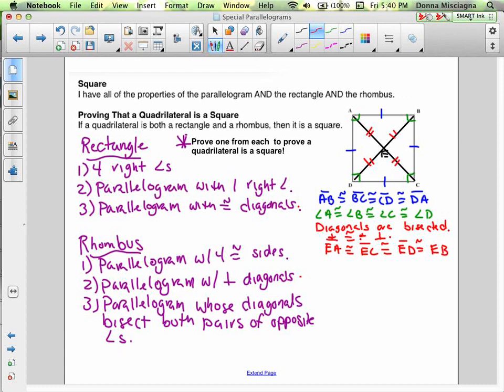And since the diagonals are perpendicular to one another, that means this is a right angle. Right? So angle AEB is going to be congruent to angle BEC, is going to be congruent to angle CED, is congruent to angle DEA, and they are all right angles.